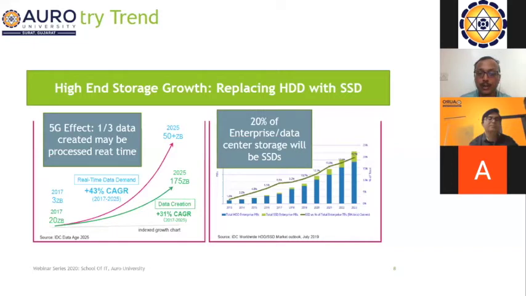But this study also came up with a very interesting fact: 50 zettabytes of data by 2025 will be used in real time. So you can see a 43% compound annual growth of real-time data demand. Nowadays, what is real-time data demand?